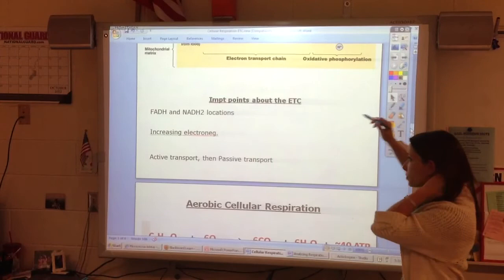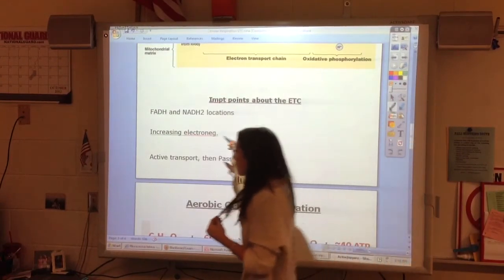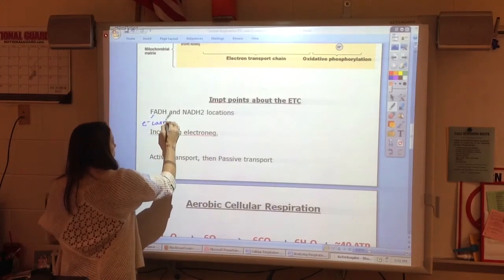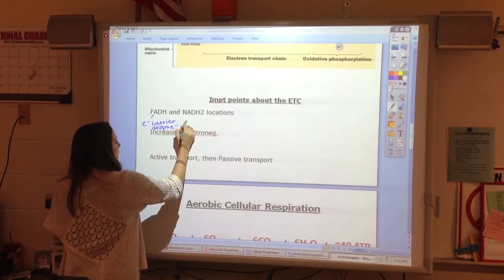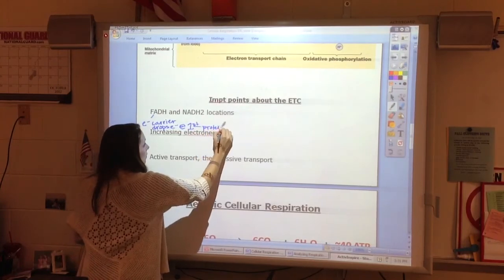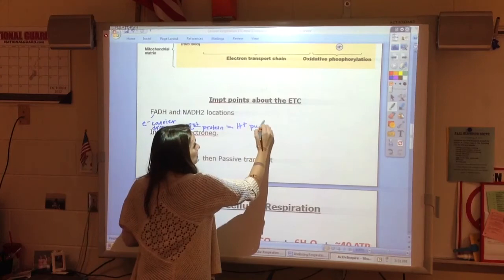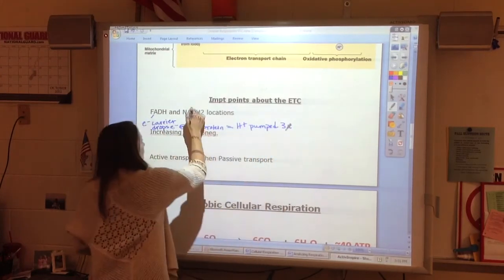So, some important points. We've talked about all of these except the first one. FADH2, this electron carrier, drops off the electron at the first protein. This means there are hydrogen ions pumped 3 times.